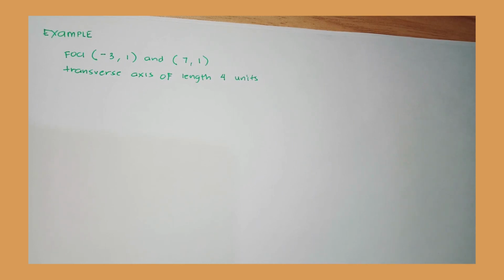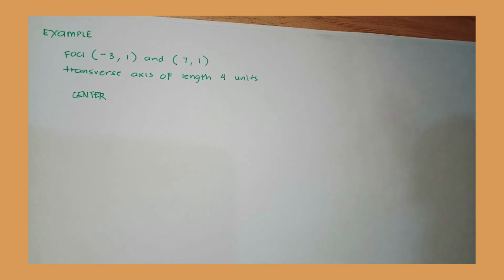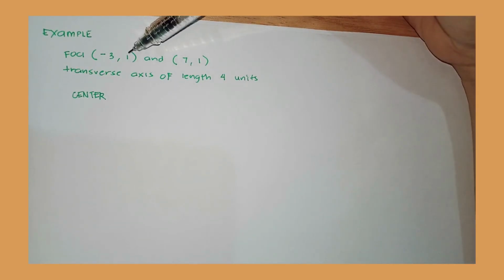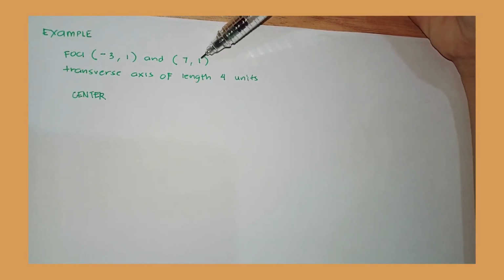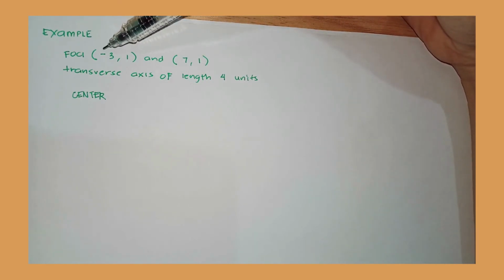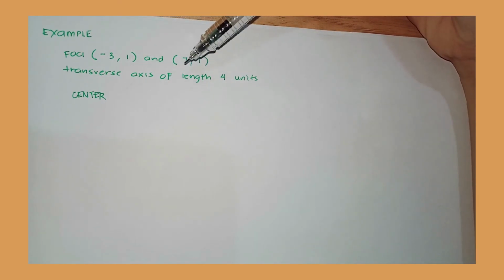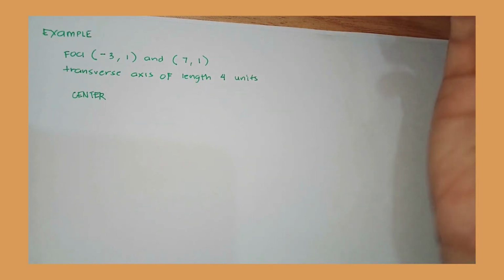Unang gagawin natin is to find the center. Para makuha yung center, tingnan natin yung ating foci. Yung pangalawang number natin ay parehong 1. So, gagamitin natin ay yung hindi pareho, which is negative 3 and 7. Add natin sila.